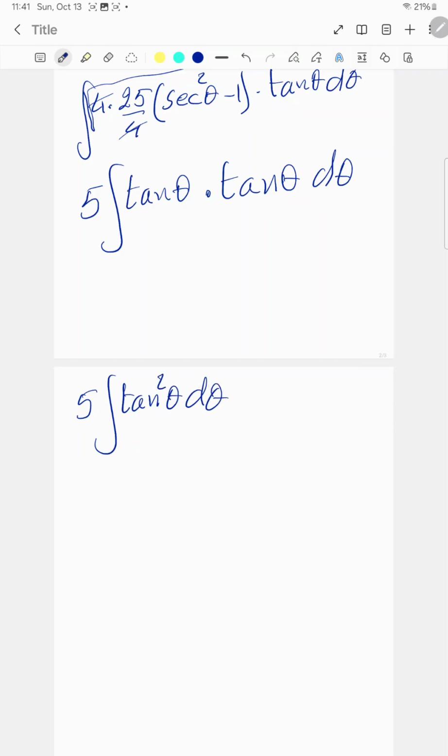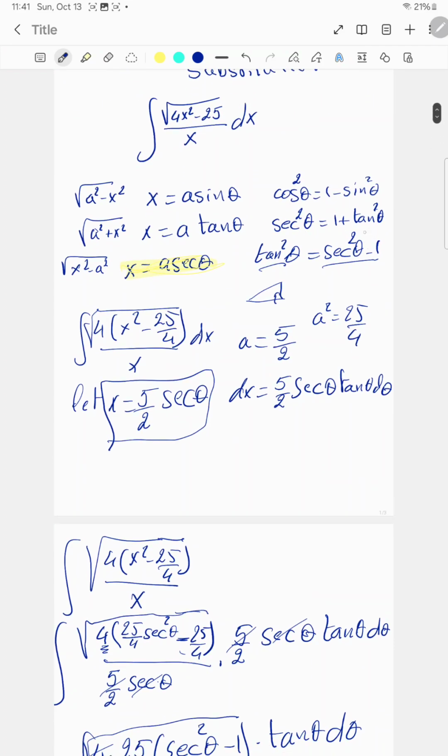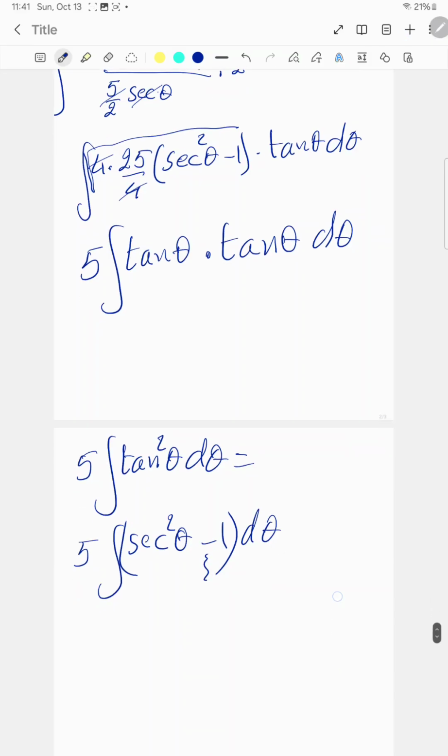And I know I can replace tan squared of theta by sec squared of theta minus 1. This is an identity formula too. So it is equal to 5 times the integral of sec squared of theta minus 1 d theta. And because of the minus here, I can split it into two integrals.